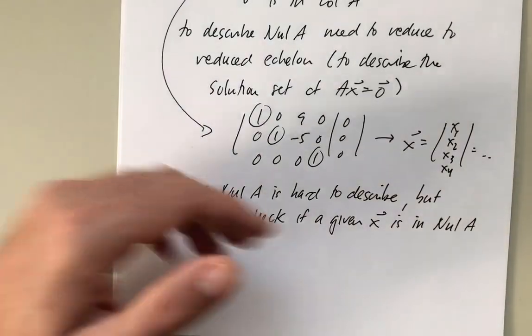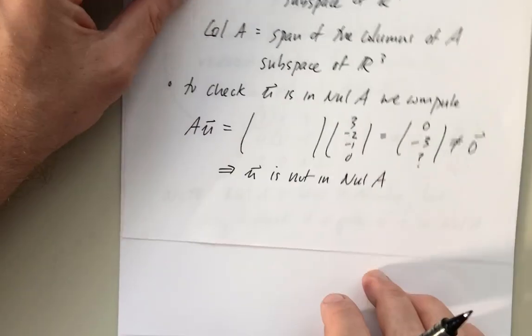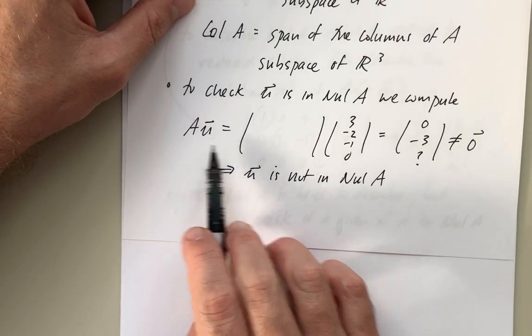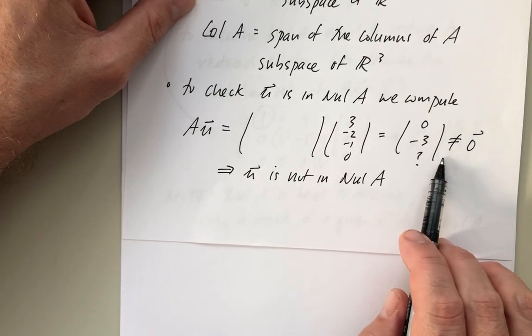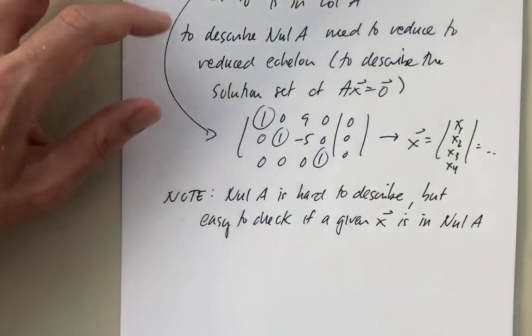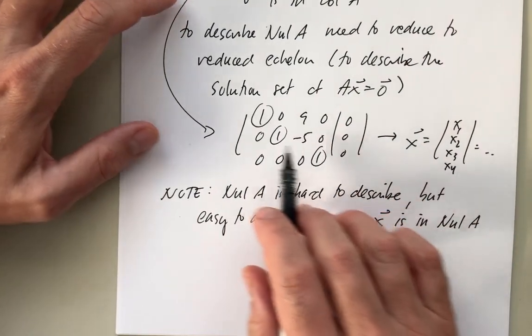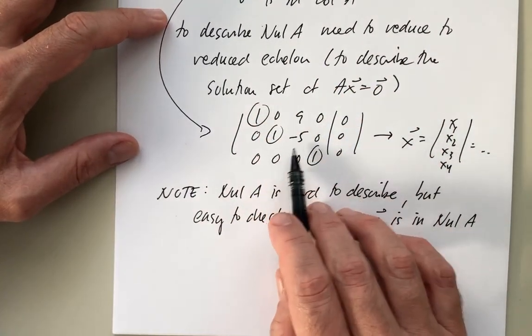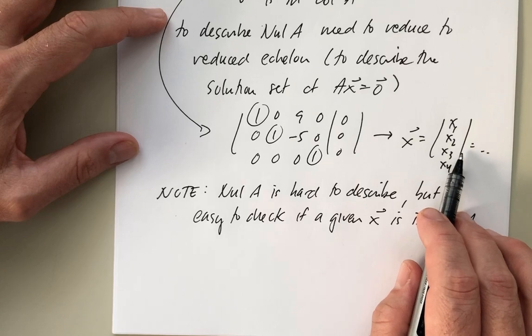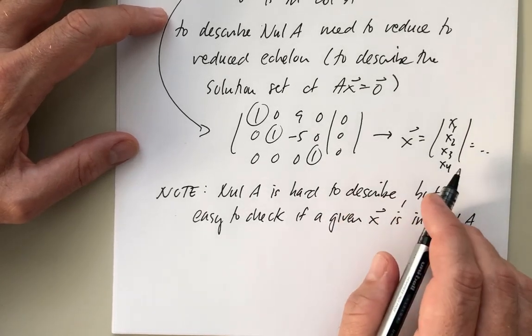Like we saw before, if I wanted to know if something was in the null space, I just look at A times that vector. If it's 0, it's in. If not, it's not in. But describing the null space is a little bit of a pain because we have to go through all these row operations and describe the solution set in vector parametric form.